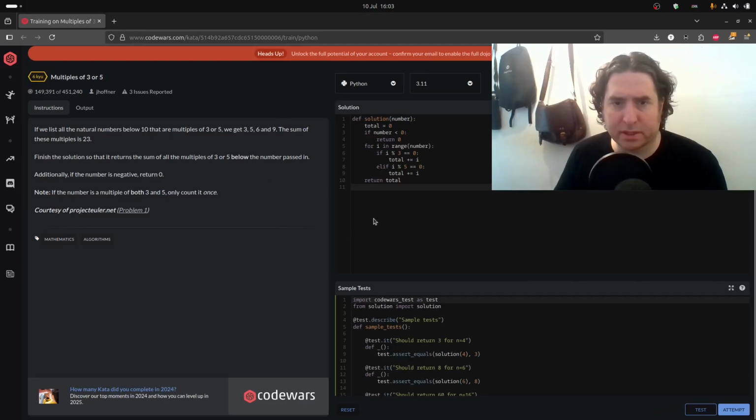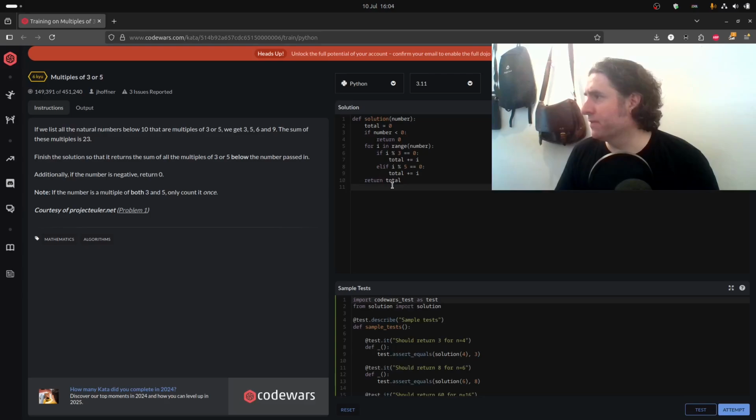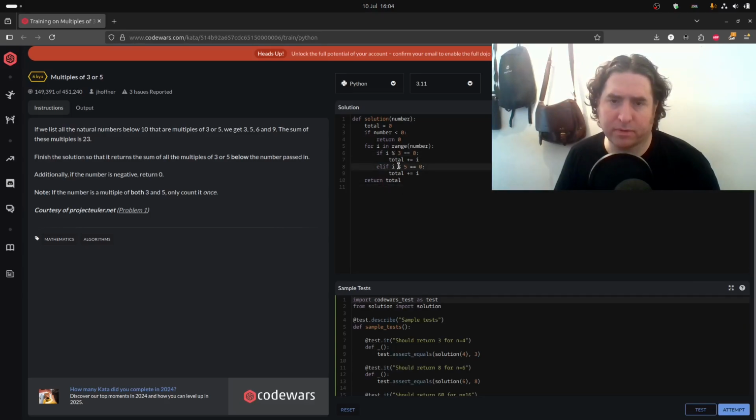That's the most obvious version, but then you might say it's slightly inefficient due to checking both 3 and 5 for all the numbers, or 3 and you're going through all the numbers that way.